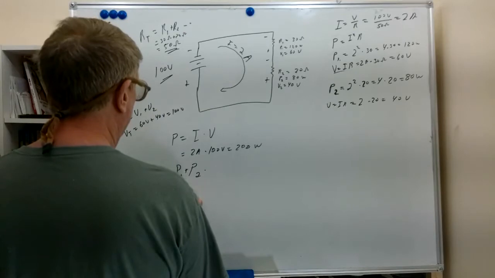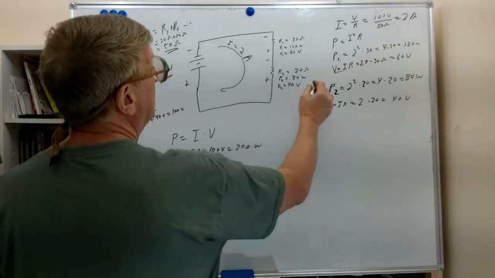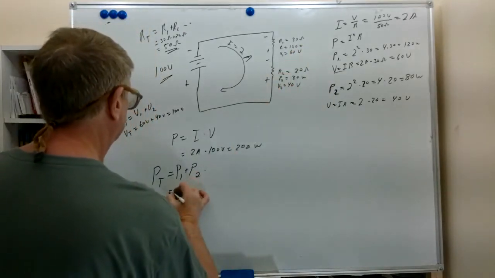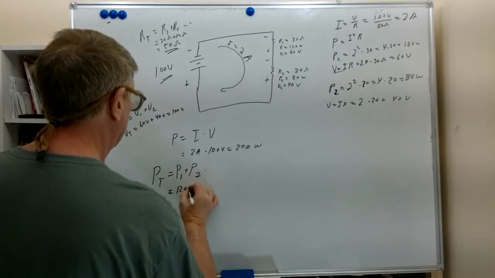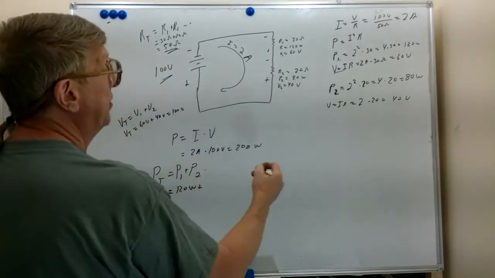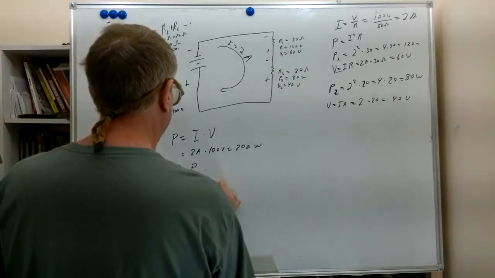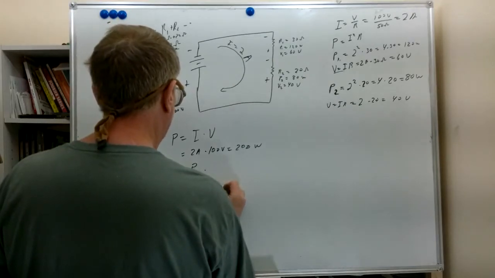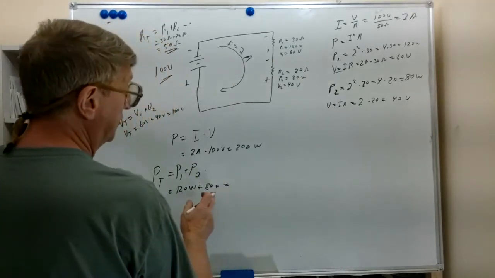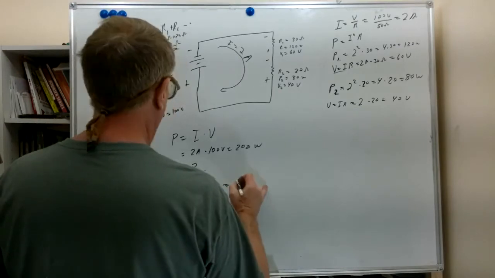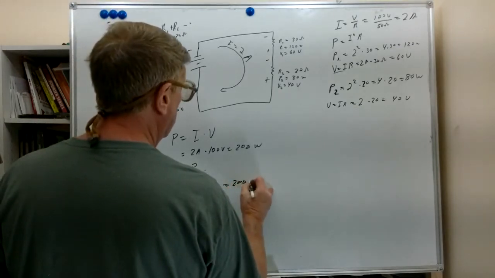So what's our power 1? We calculated that here, and we came up with 120 watts. And what's our power 2? We calculated 80 watts. And what we have here is 120 watts plus 80 watts equals 200 watts.